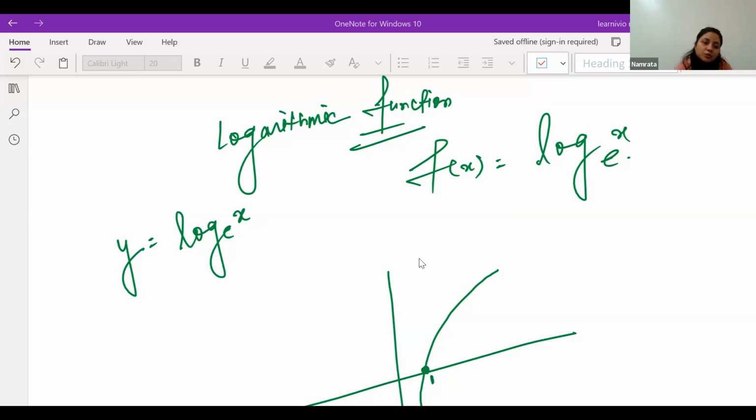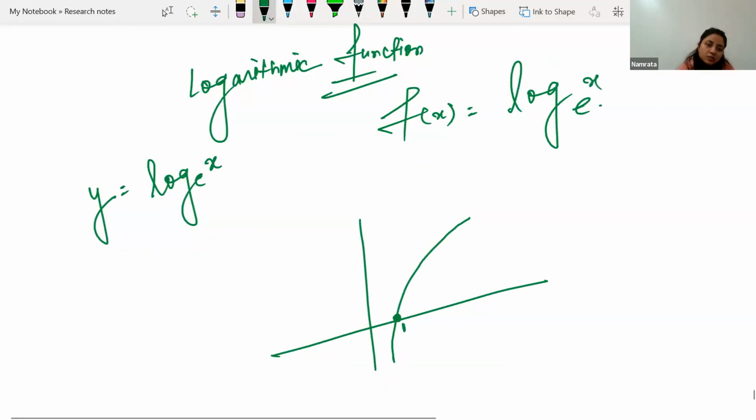As we know, there is a property of logarithm which says that, just a moment.